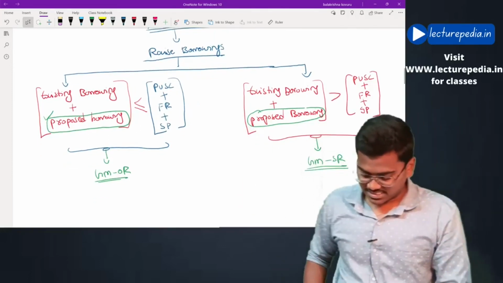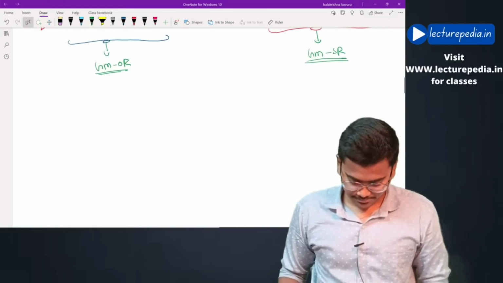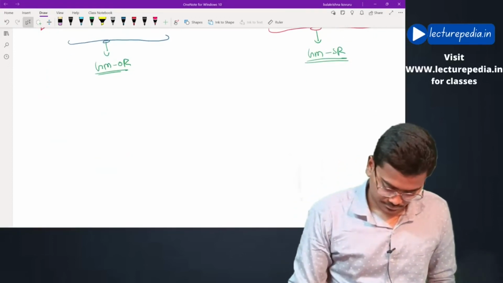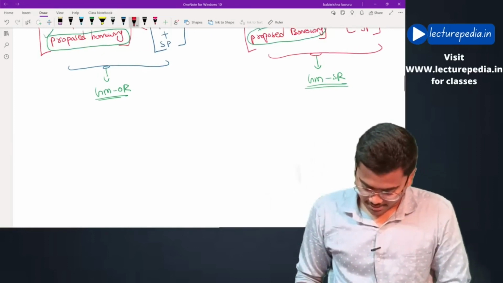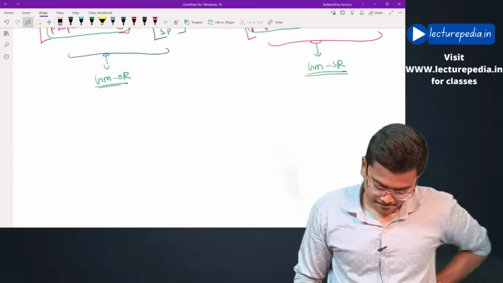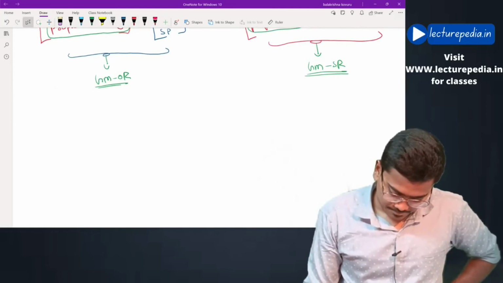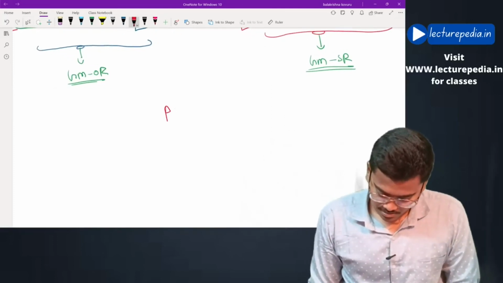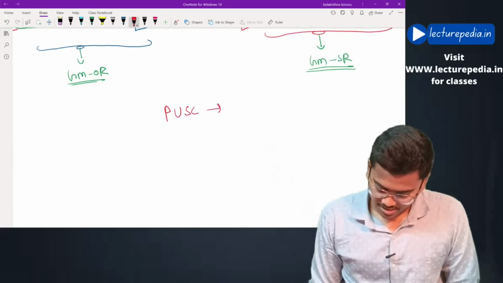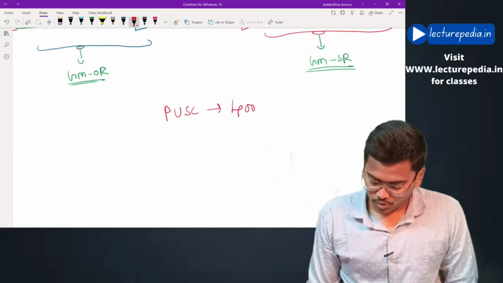Now let us understand. See, let's say paid up share capital of the company is some 400 crore.